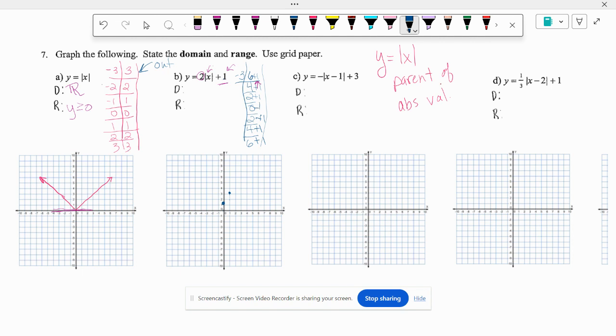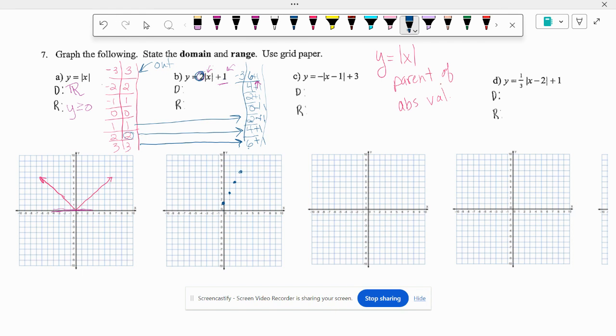I'm adding 1 to all of these. When x is 2, my output is 2, but 2 times 2 is 4, plus 1 is 5. When x is 3, my output is 3, but now I have to multiply that by 2. 3 times 2 is 6, plus 1 more is 7.